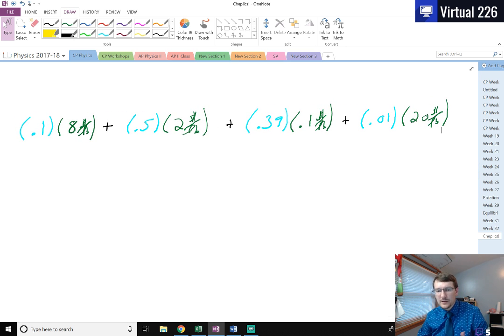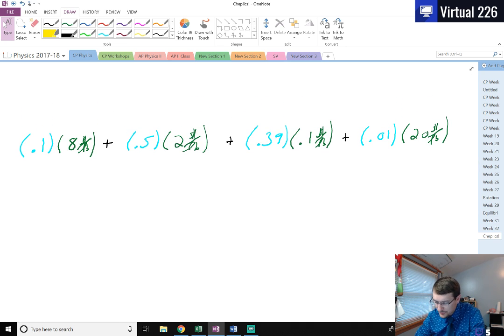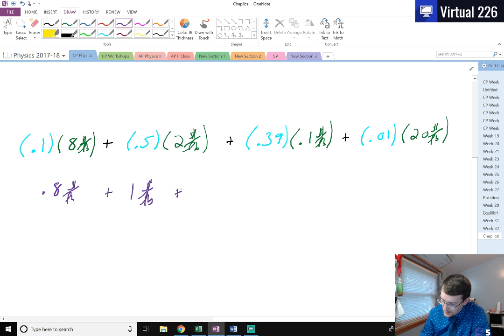So we have this very long setup of all the things we've got in our equation. And if we go through this, we can calculate all of this. If we do 0.1 times 8, we end up getting $0.80 per pound, plus 0.5 times 2, that's like 2 divided by 2, which is $1 per pound, plus 0.39 times 0.1.